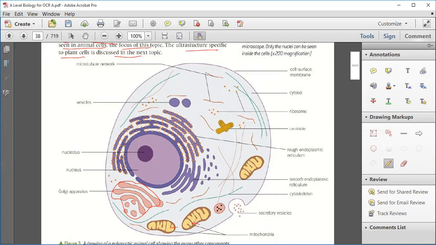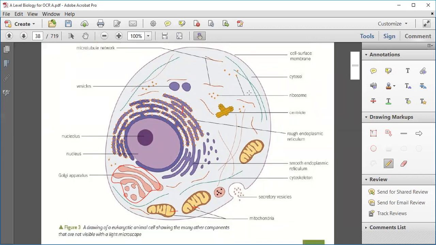Mitochondria is the powerhouse of the cell, in which each and every ATP consumption happens. Then these dots are the ribosomes. And this is the endoplasmic reticulum. This one is the rough endoplasmic reticulum. This one is the smooth endoplasmic reticulum. We will discuss the functions of all these: centriole, cytosol, cell membrane, each and every one.